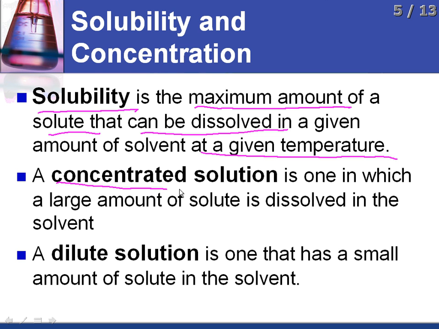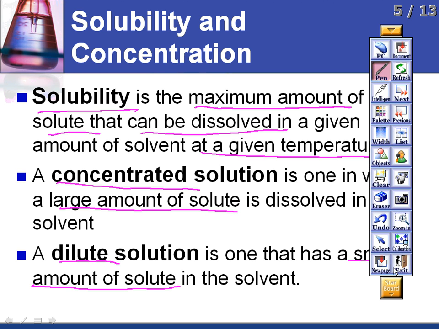Things that are concentrated have a large amount of solute. Things that are dilute have a small amount of solute. So if I can dissolve a lot of a salt into a solution and make it concentrated, it has a very high solubility. If it doesn't dissolve very well and I can only dissolve a little bit, it's very dilute and has a low solubility.